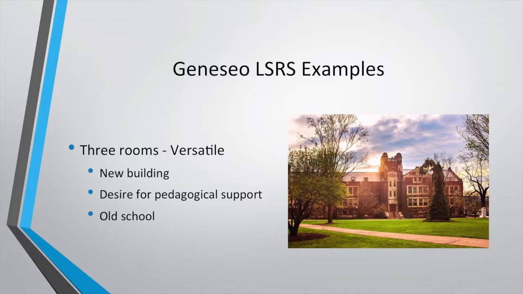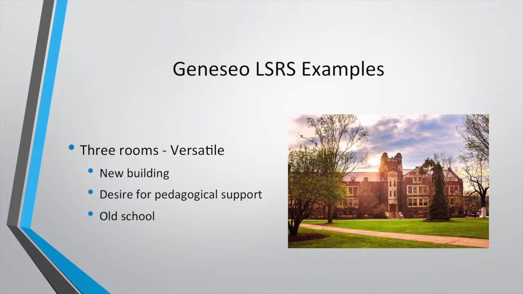Okay, so I'm going to talk to you about three rooms on our campus. If you go to the last page of your learning space rating system packet, you'll see that there are four types of spaces that the learning space rating system focuses on. The first one is discussion focused, the second is presentation focused, then team-based space, and versatile space.